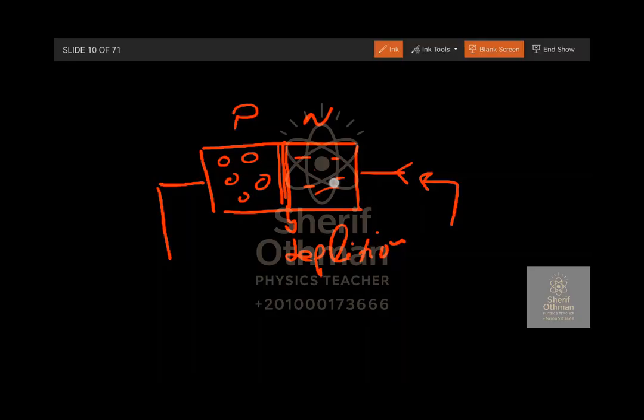So I'm going to add more electrons. More electrons will make the depletion region decrease because the electrons are now able to move and overcome the number of holes, producing a number of electrons able to pass through the conductor.